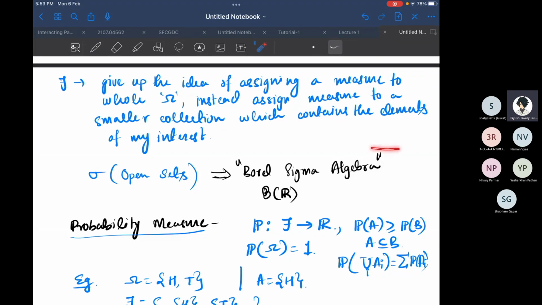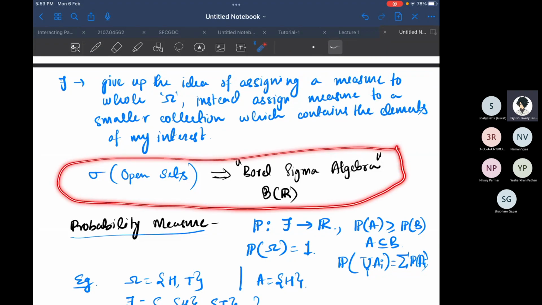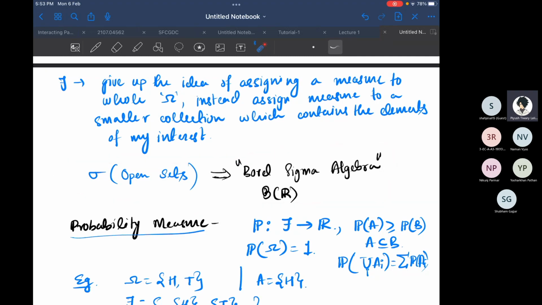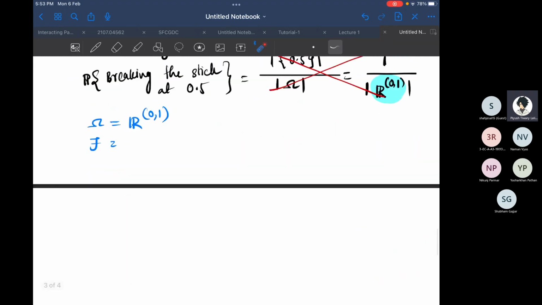The Borel sigma algebra that we defined here, the sigma algebra generated by these open sets. If we work with this, we will be fine. In most cases, the Borel sigma algebra is all you need. Till date, I have not been able to find an application in my research where the Borel sigma algebra doesn't work. So the Borel sigma algebra will be fine.